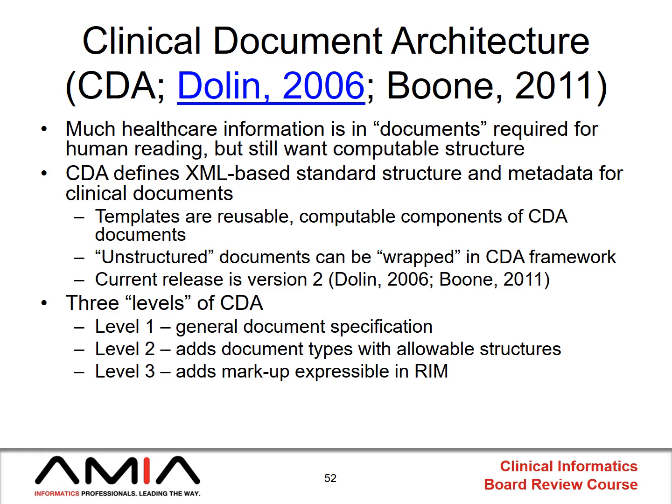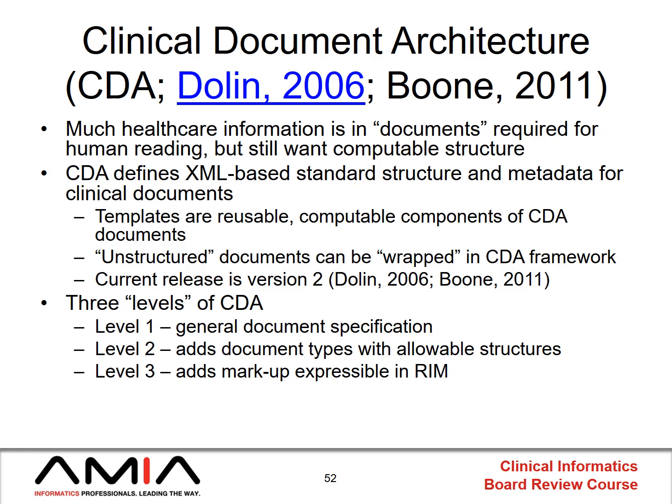Within these documents are templates. These can be reusable and computable. Or there can be unstructured documents, the typical document that's all text, and that can be wrapped in a CDA framework. The current release of CDA is version 2, and there are 3 levels of CDA.